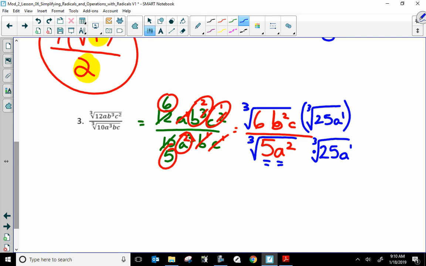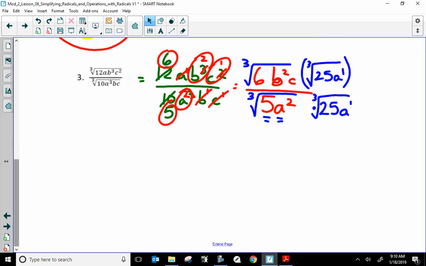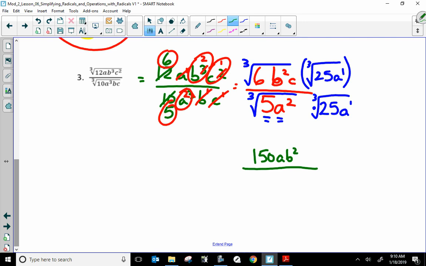I absolutely have to. So now let's see what happens. On the top, I'm going to have 150 a b squared c, all under a cubed root.